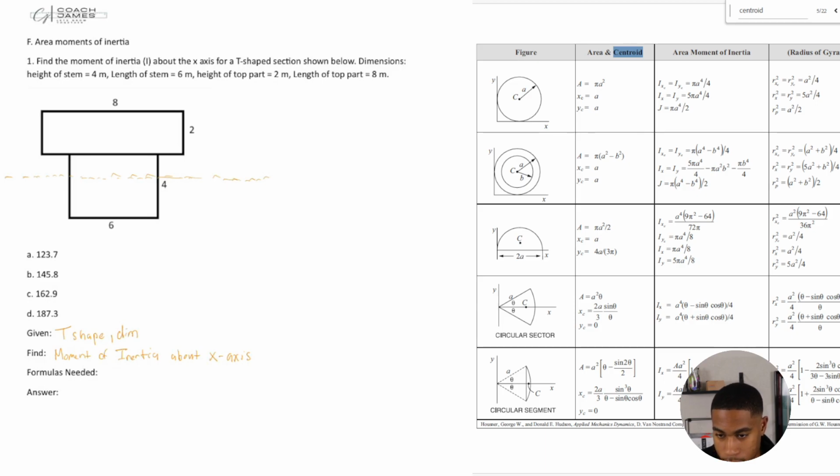All right, so how do we get that? Oh, we have to break it up into digestible pieces. So I'll say that this is my part 1. This here. And then my other part is part 2. And that'll be this piece.